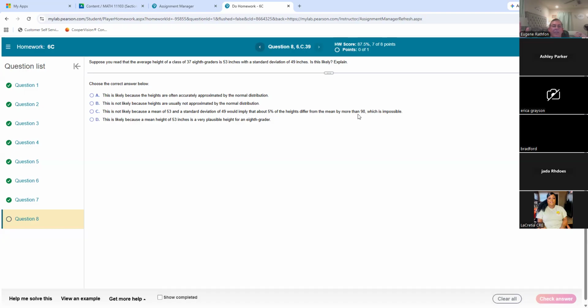If your average is 53, you can't be further from that average if it's going more than one or two standard deviations. It sort of would be impossible, okay? Yeah, because you can't have a standard deviation of 98 if your average is only 53, okay? So that's what you're looking at on those.